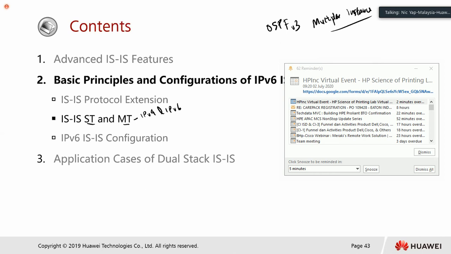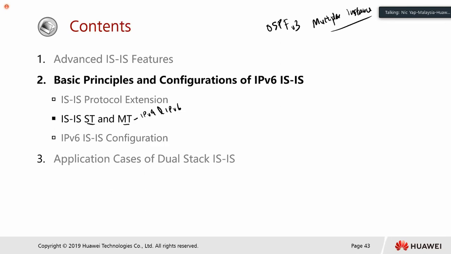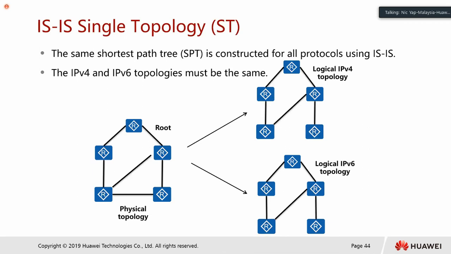So MT means that you combine the two protocols together. By default, with single topology, they must use the same shortest path first calculation. But using MT, you can have their own calculation. That's how it looks on the single topology. The same shortest path tree is constructed for all protocols using ISIS.